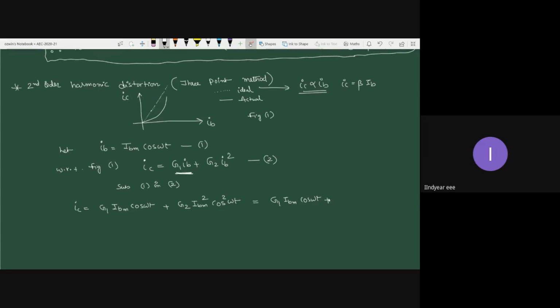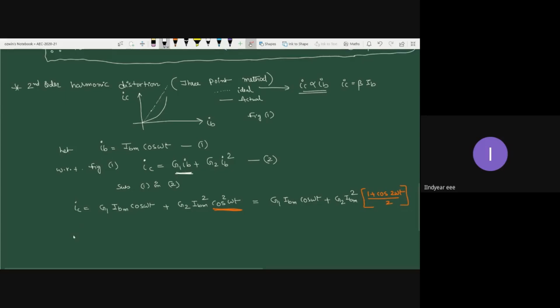I can write cos square omega t as 1 plus cos 2 omega t divided by 2. Let me write it in orange color.